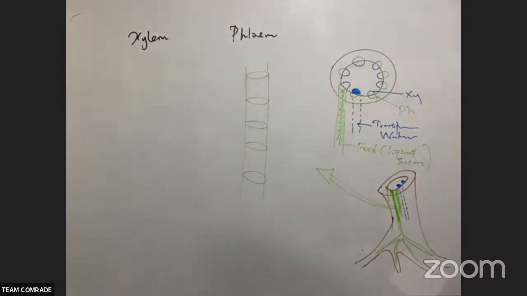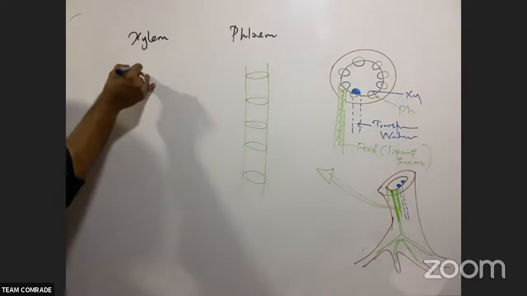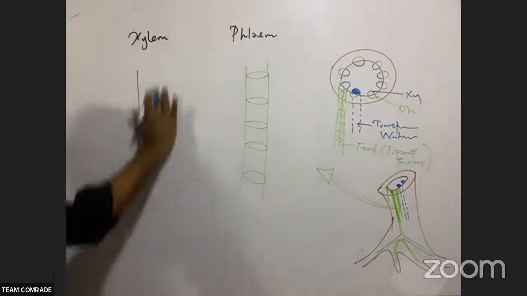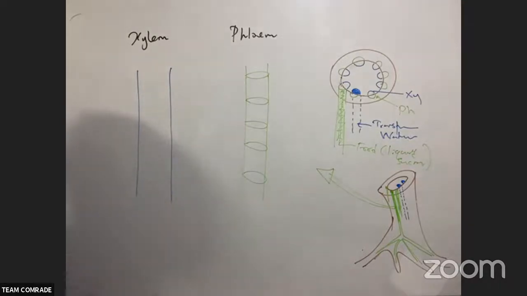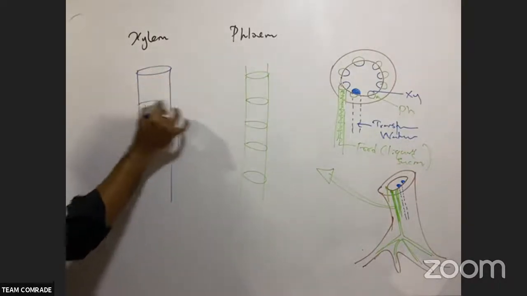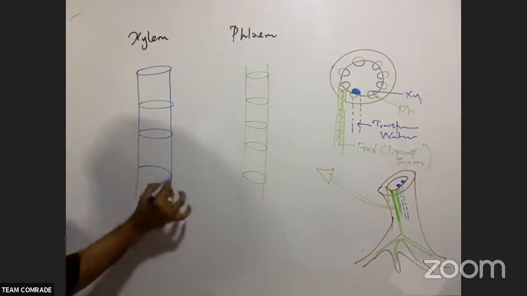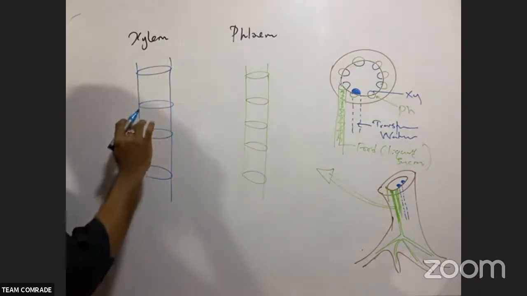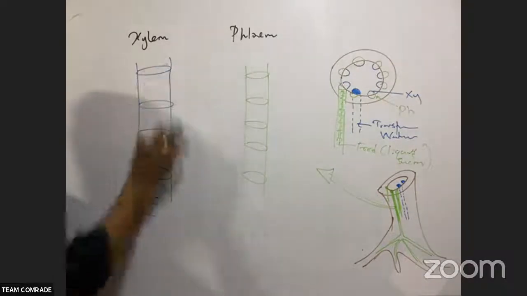Sieve tube. If I draw the xylem, that is also like that. These are vessels. Vessel tube. This is a sieve tube. This is a vessel tube.